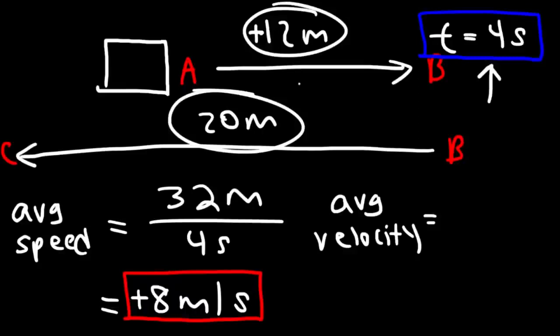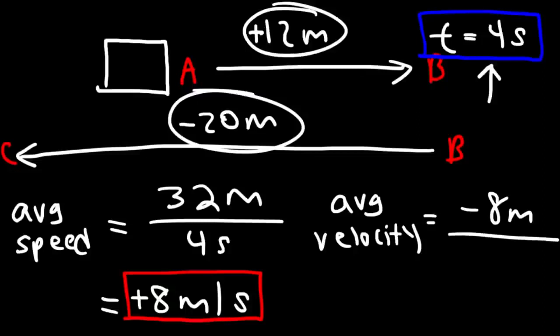The object is going east. For the second part of the trip, the object is traveling west towards the negative x direction. And so going from B to C, the displacement is negative. So if we add up 12 and negative 20, we can get the net displacement, which is negative 8.